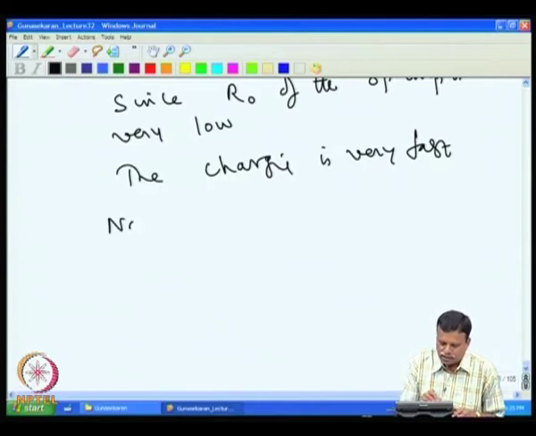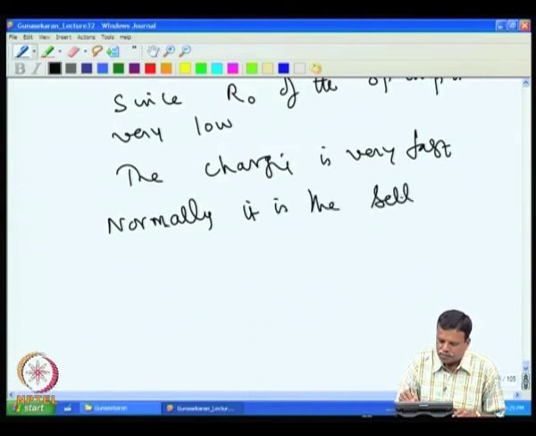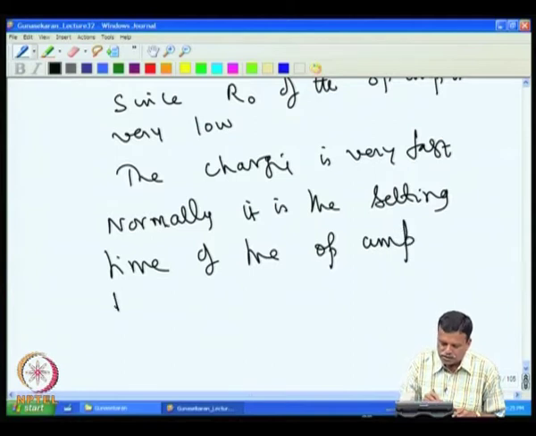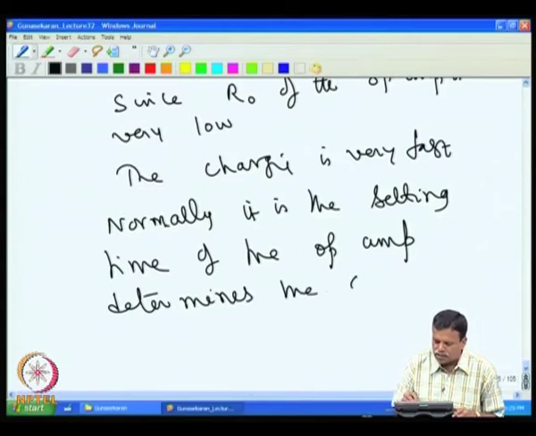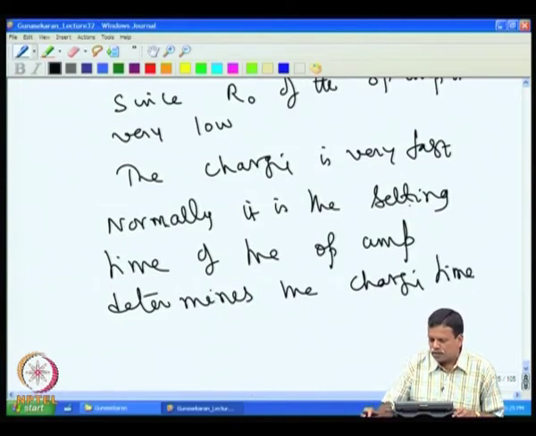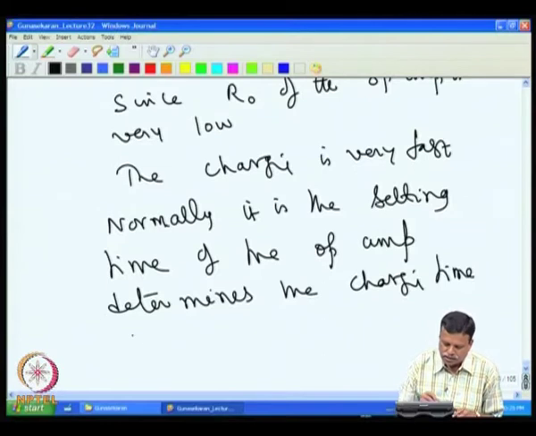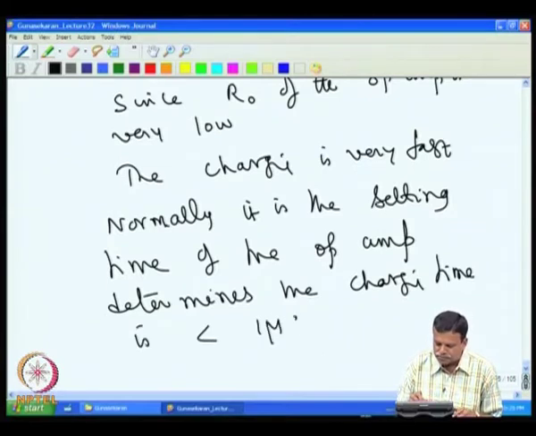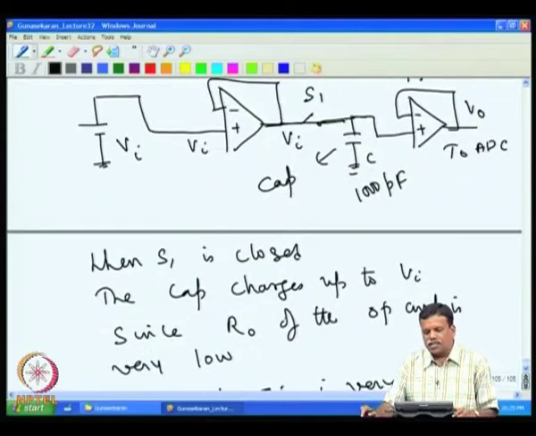Normally it is the settling time of the op amp that determines the charging time, which is normally less than 1 microsecond. So the charging here is very rapid.